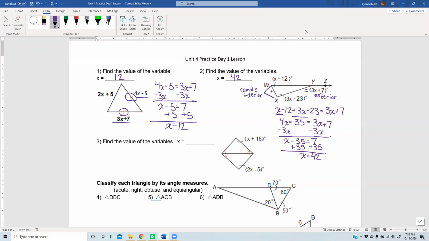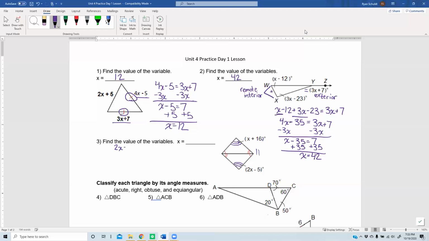Now for number 3, again, we're finding the value of x. What do we know about these 2 angles right here that they give us? Well, they give us that 2 pairs are congruent, so that means this 3rd pair automatically has to be congruent, which means I just set these equal to each other and solve.